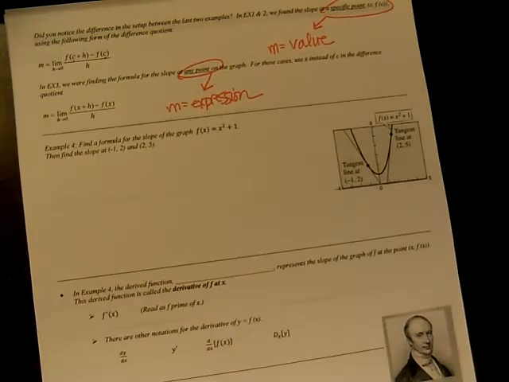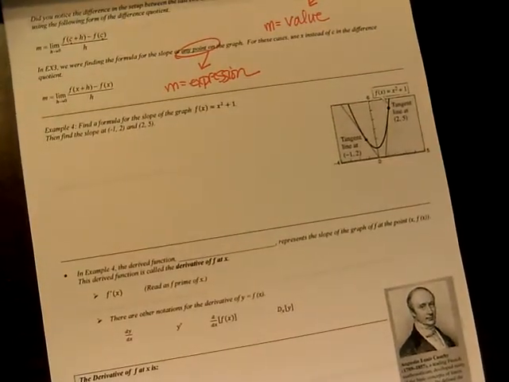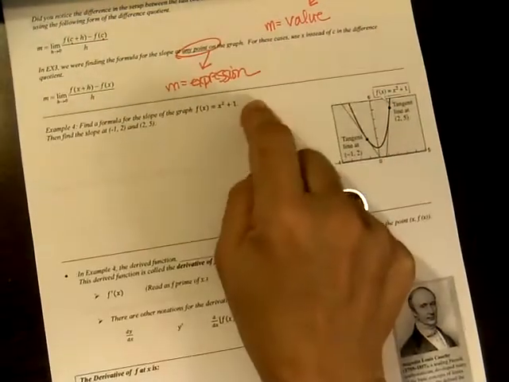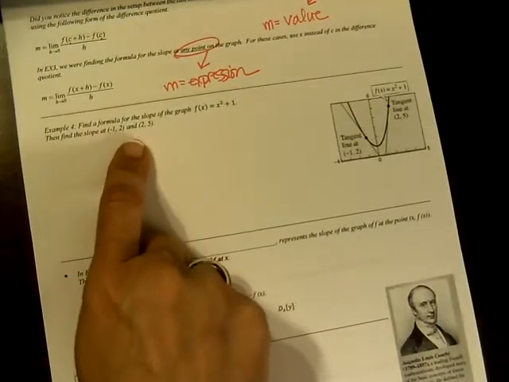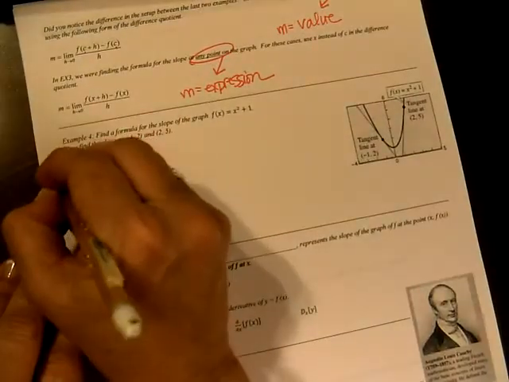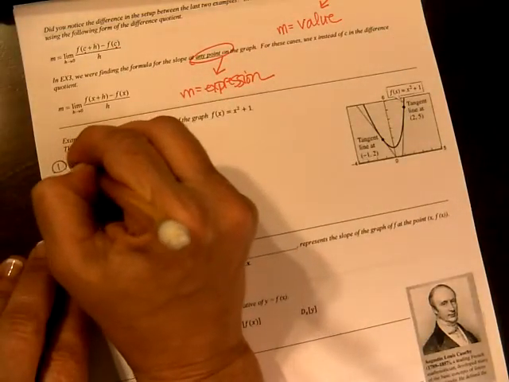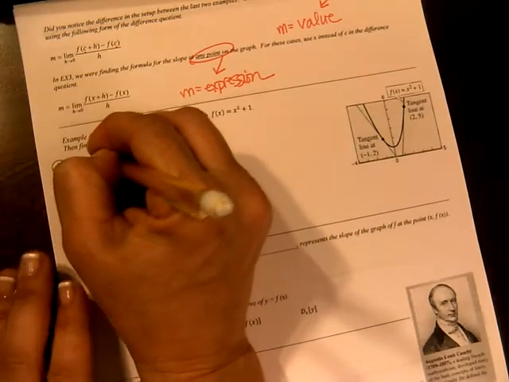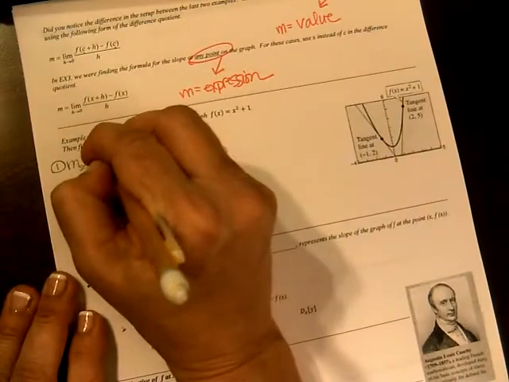It wants us to find a formula for the slope of the graph f of x equals x squared plus 1. So we're going to use it at any point to start, and then we can find the slope at these different points. Again, I'm going to start by just finding the slope of the secant line, so there's not as many limits that I'm going to be writing.